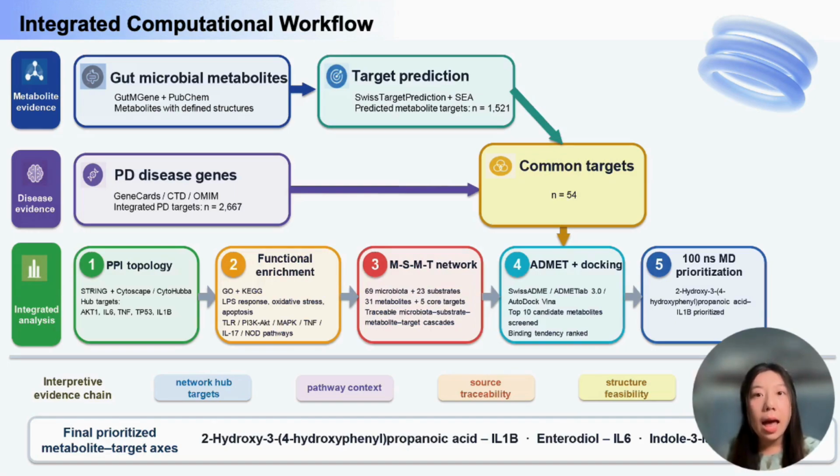We called it the MSMT network. This network helped us trace the source of each candidate axis. Finally, we used ADMET profiling, molecular docking, and 100 nanosecond molecular dynamics simulation. In short, the workflow moved from target screening to pathway analysis, to network analysis, to source tracing, and then to structure and dynamic evaluation.